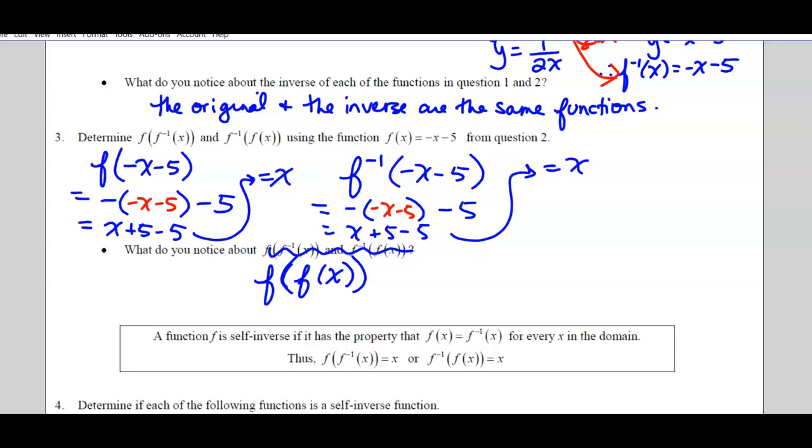It's going to be the same as well, right? So f of negative x minus 5. f is negative x minus 5, right? So it's exactly the same.